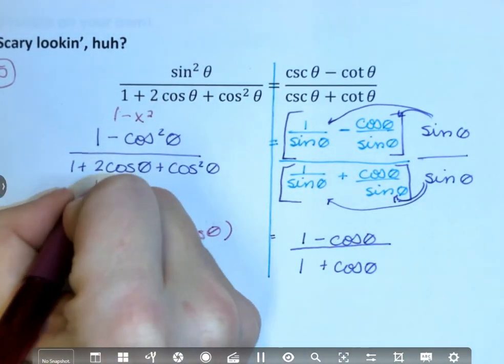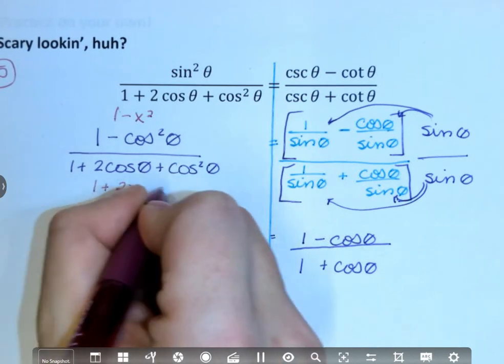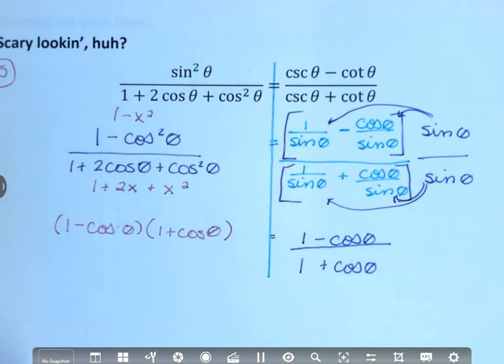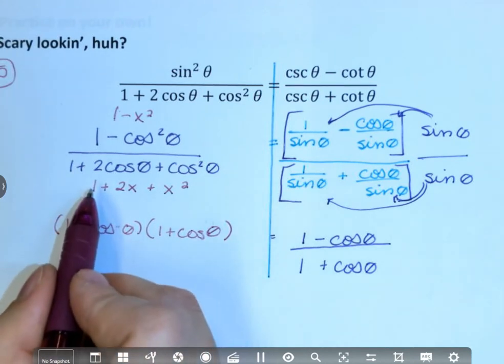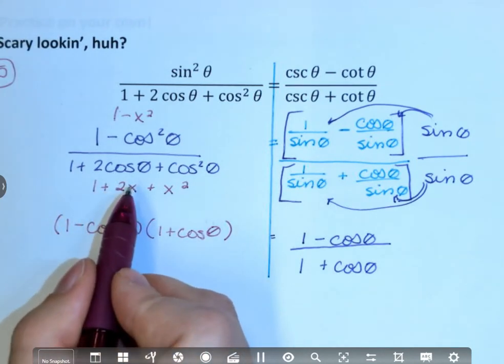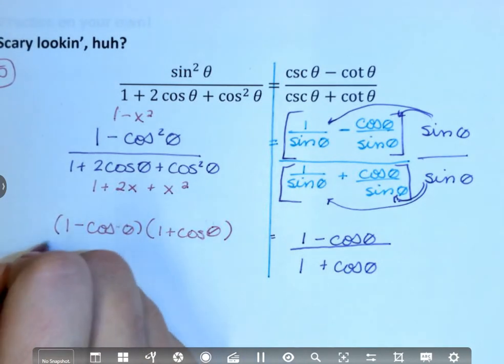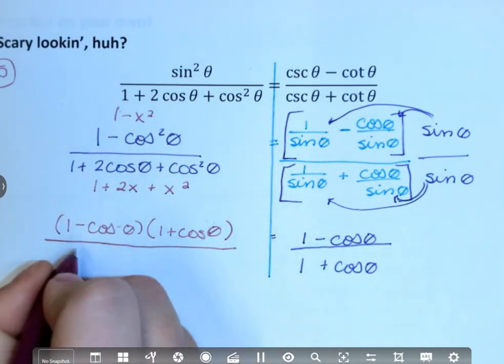This here is like saying 1 plus 2x plus x squared. Two numbers that multiply to give me 1, add to give me 2. That's x plus 1, x plus 1. So instead of x, though, what do I have? Cosine.